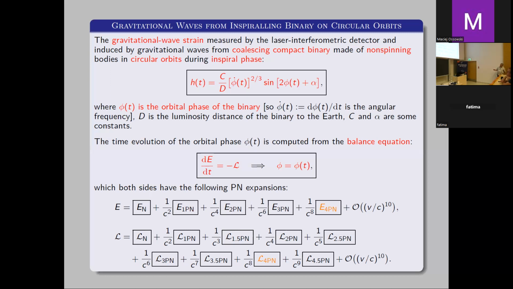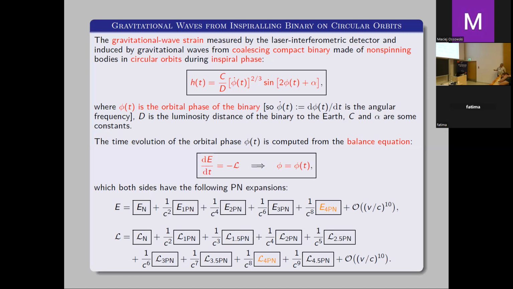You take the binding energy of the two-body system, computed within the post-Newtonian approach as accurately as you are able to, and you equate the time derivative of it to the gravitational wave luminosity, that is, to the rate at which the energy is radiated away from the system. And from this you get in fact an ordinary differential equation for the function phi, and by solving it, you obtain this function.